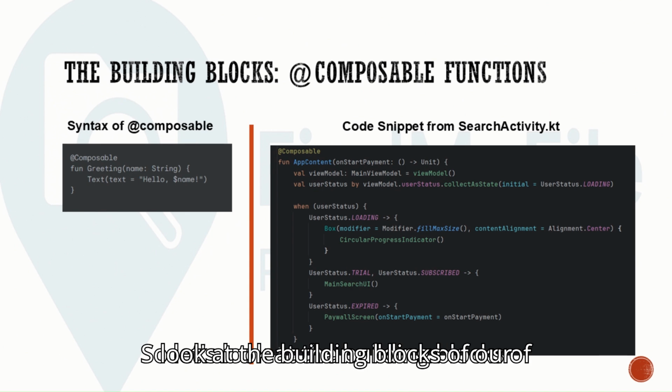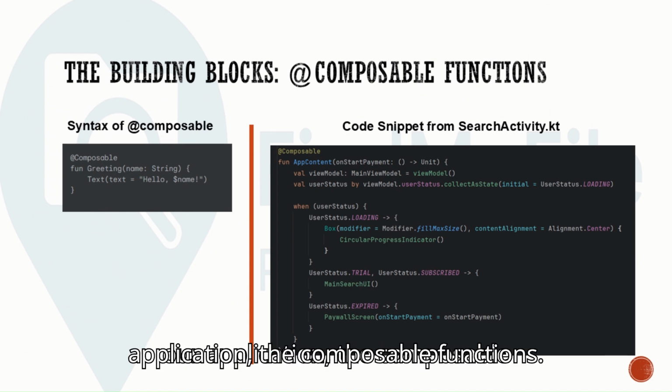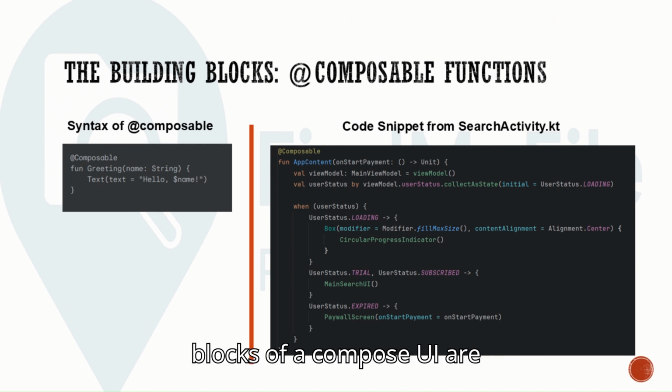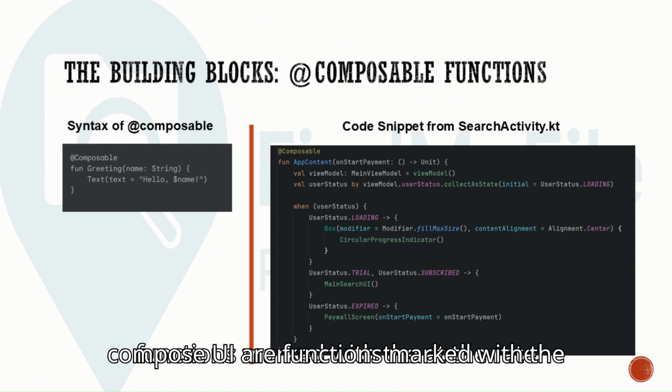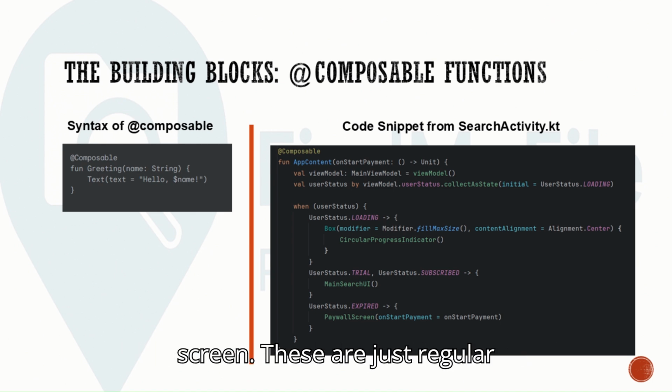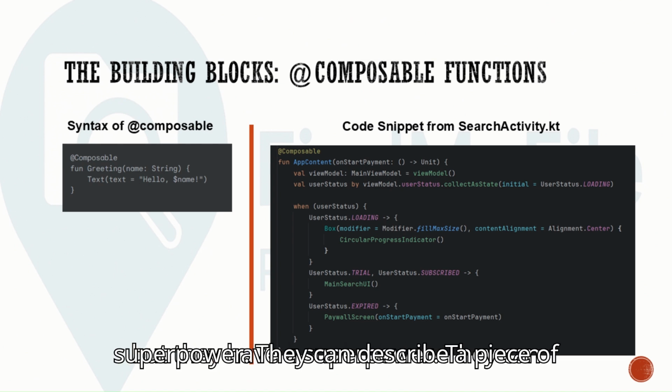So let's look at the building blocks of our application, the composable functions. The fundamental building blocks of a Compose UI are functions marked with the @Composable annotation, which you can see on the left hand side of our screen. These are just regular Kotlin functions, but they have a superpower. They can describe a piece of UI.